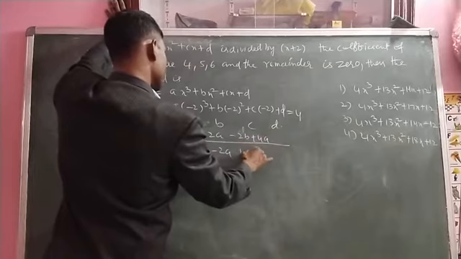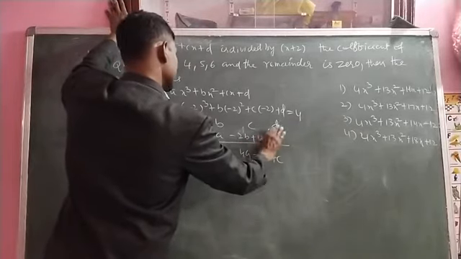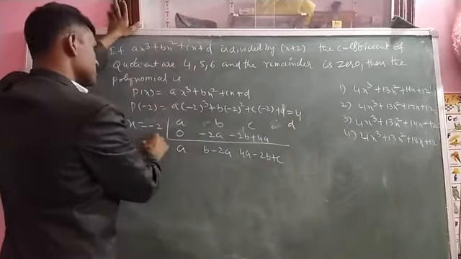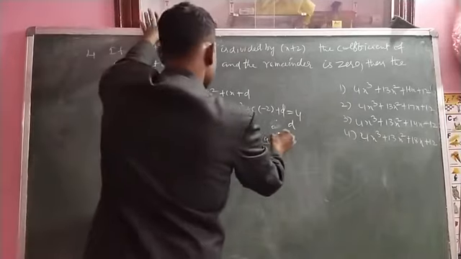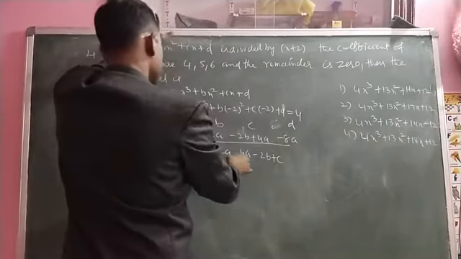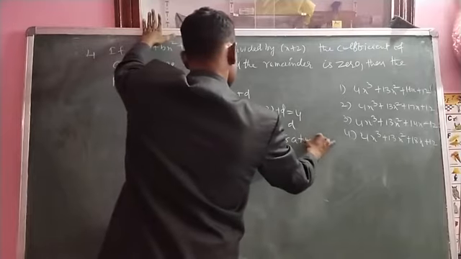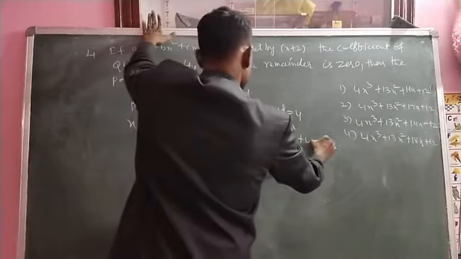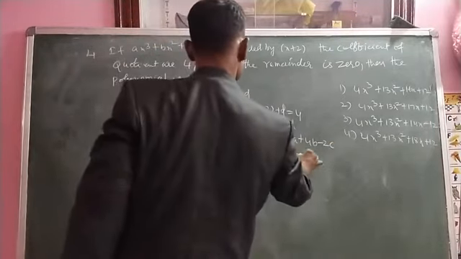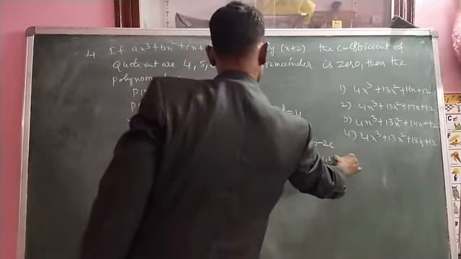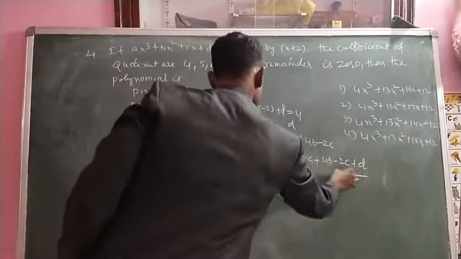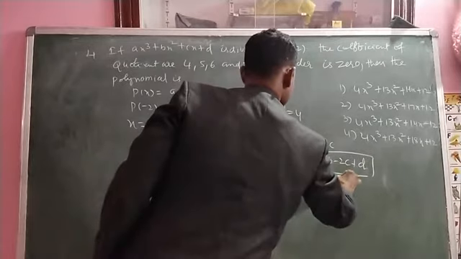Then 4a minus 2b plus c. Now 2 into 4 minus 8a, and 2 into 2 plus 4b, and 2 into c minus 2c. Now this is written as minus 8a plus 4b minus 2c plus d. This is the remainder, this is equal to 0.